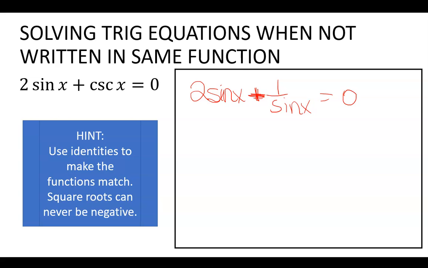Okay, to solve this equation, we do not have a common denominator. So we have to think about what is missing in that first term. And what's missing in that first term is a sine. So if I multiply that first term times a sine, that's now going to give me 2 sines.